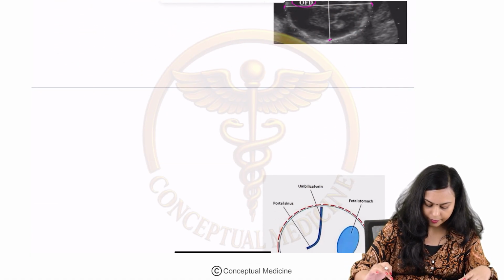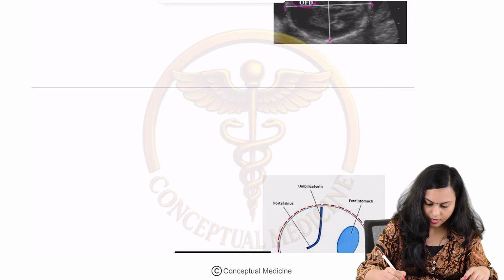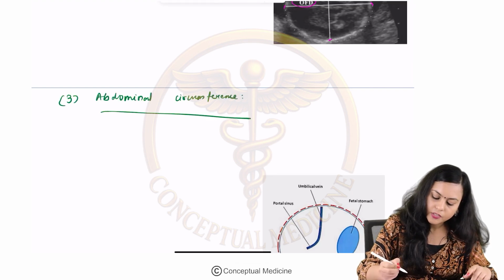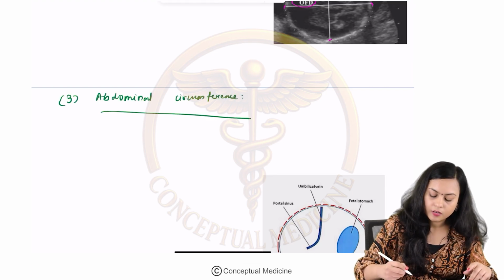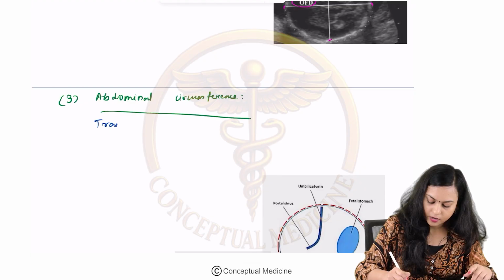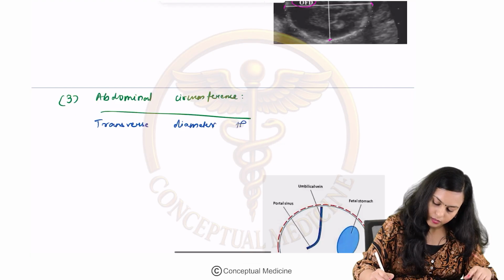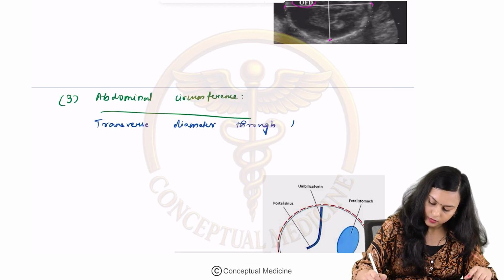And the next diameter is the abdominal circumference. While measuring abdominal circumference, we take a transverse diameter through the upper abdomen.